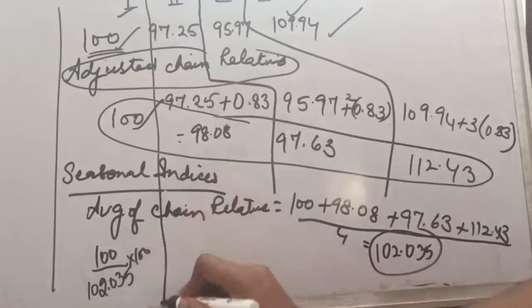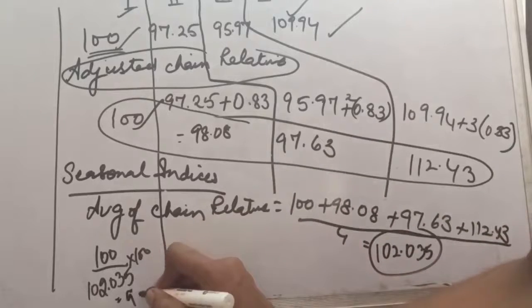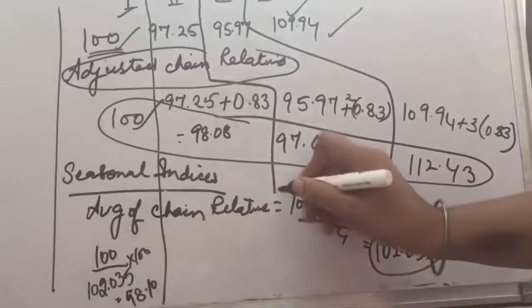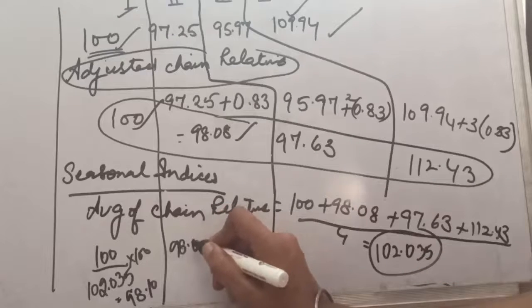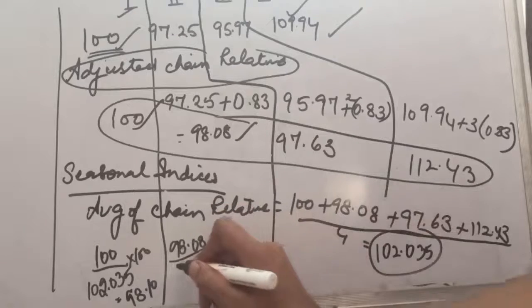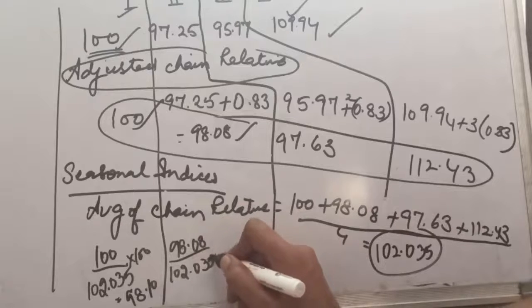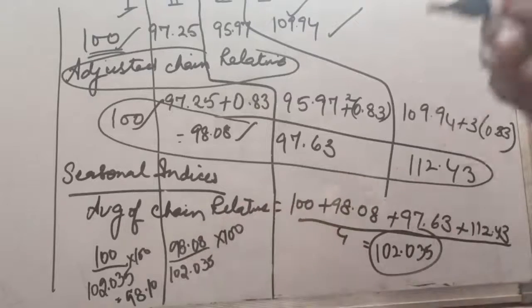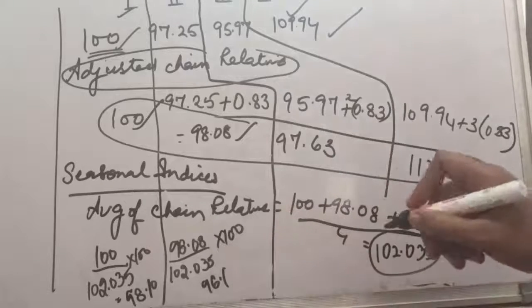This is for percentage. So from here the first seasonal index answer will be 98.10. For the second, our answer was 98.08 divided by our average, which will be the same, 102.035 multiplied by 100. So when you solve it, it will be 96.10.